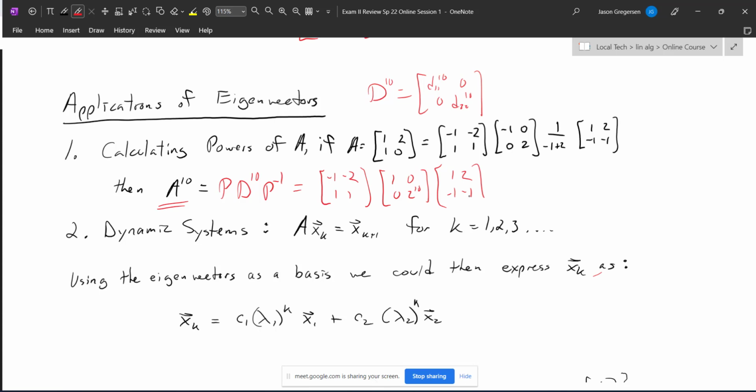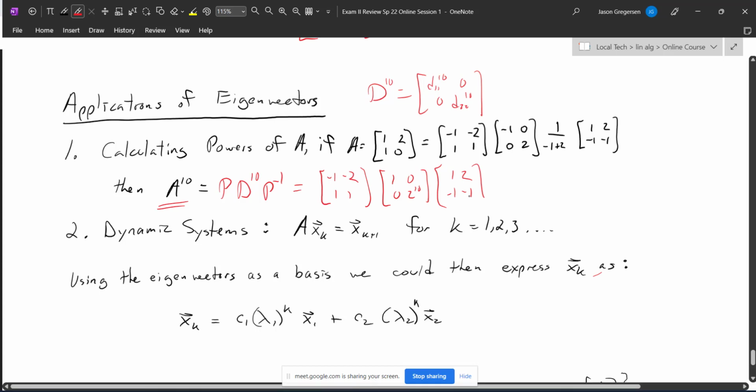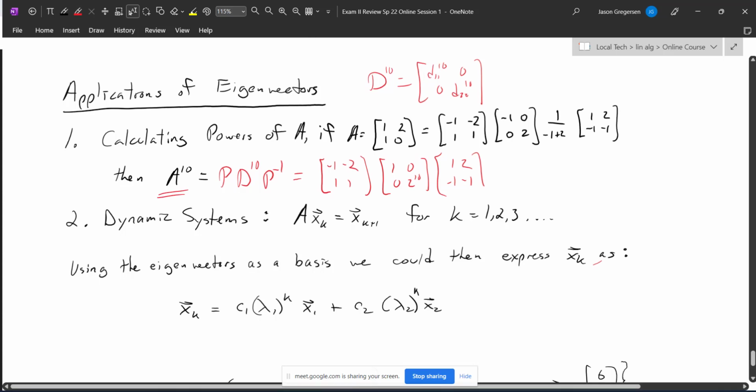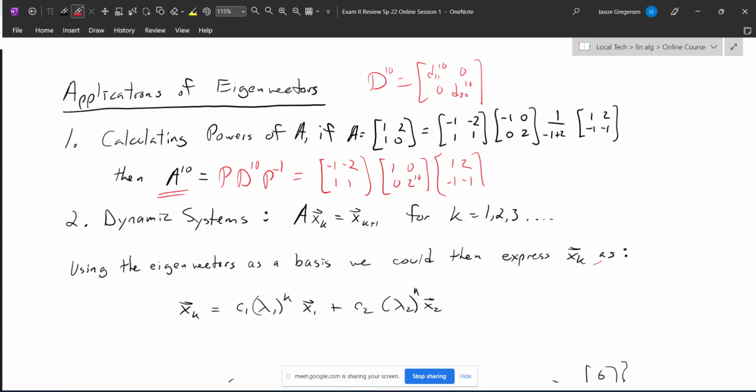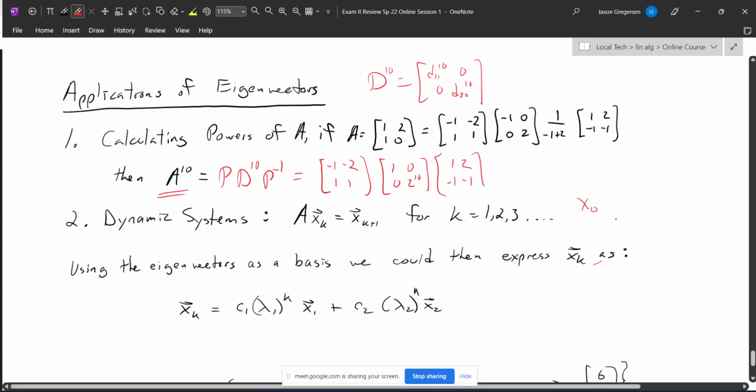The next application was dynamic systems. Dynamic systems really came from that Mathematica lab notebook where it was introduced. The big idea is that a dynamic system starts at some initial condition, some initial state of a system, x sub 0. Multiplying that by some matrix A, we get to the next state of the system.